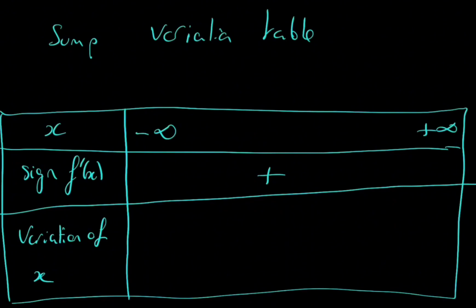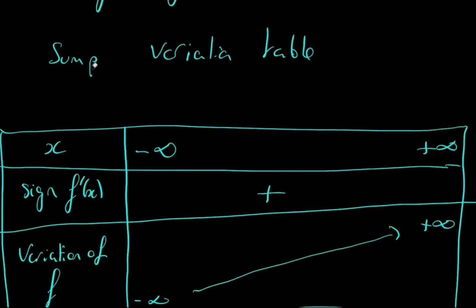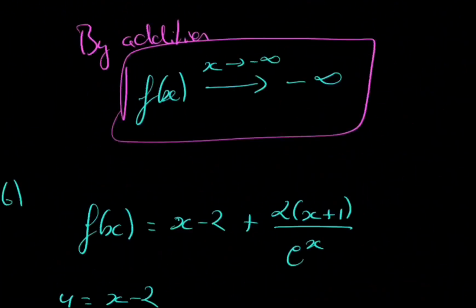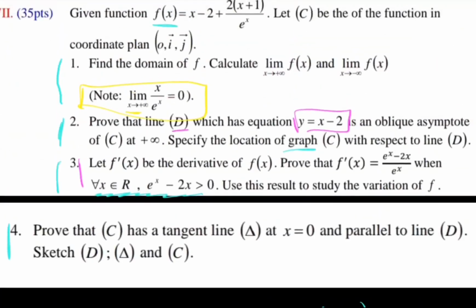We also know that the variation of f, so the function goes from minus infinity to plus infinity, and it's just going up. So we've got something like that, and this sums up all we said. Okay, so done for this question.